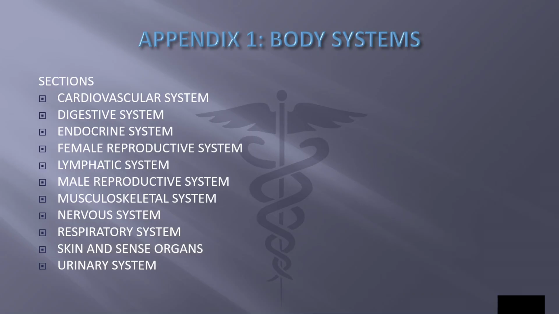So our body systems that we will cover in this appendix are the cardiovascular system, digestive system, endocrine system, female reproductive system, lymphatic system, male reproductive system, musculoskeletal system, nervous system, respiratory system, skin and sense organs, and the urinary system.